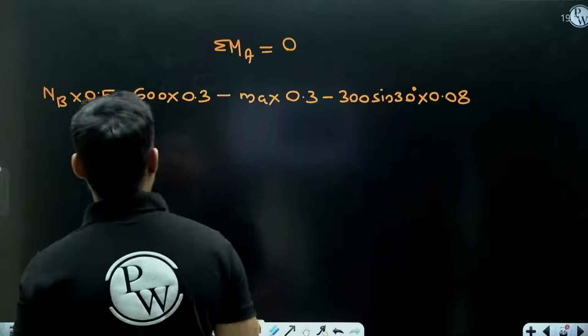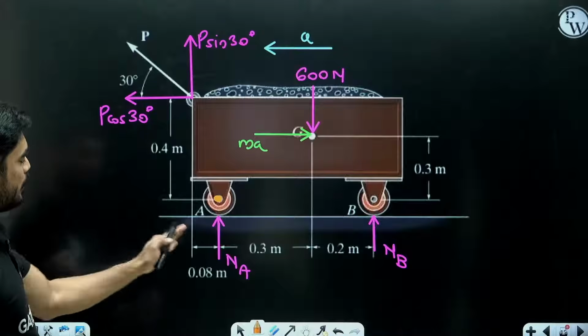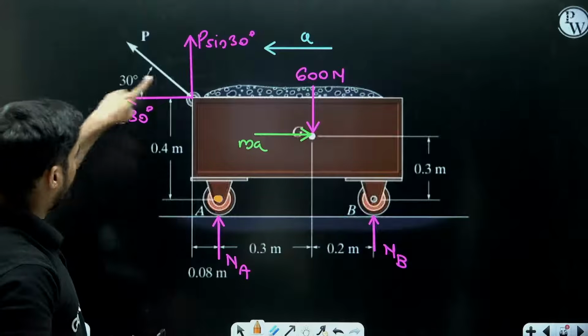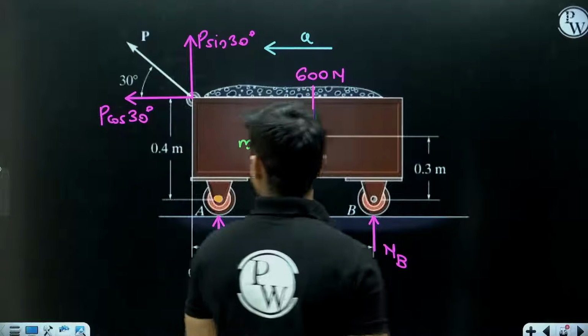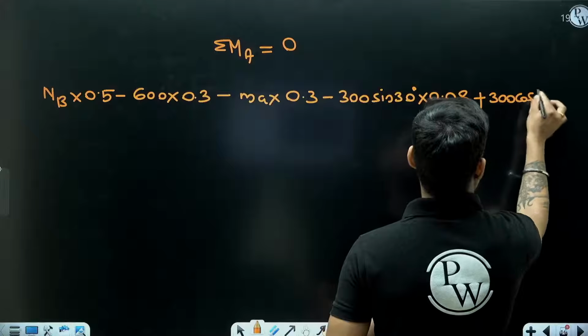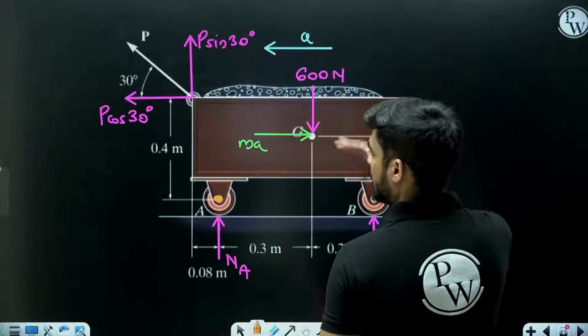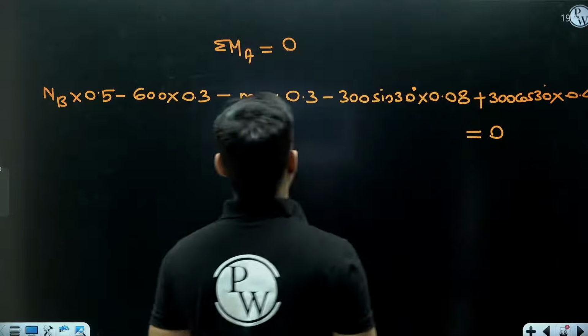I have considered anti-clockwise positive, clockwise negative. 300 sin 30 multiplied by 0.08. Now P cos 30, this moment will be anti-clockwise. So we will consider it negative. So 300 cos 30 multiplied by 0.4. And this will be equal to 0.